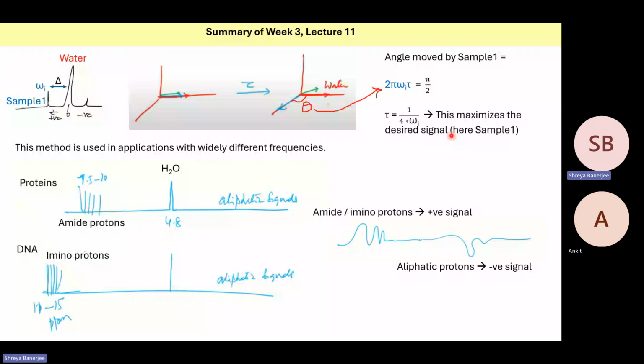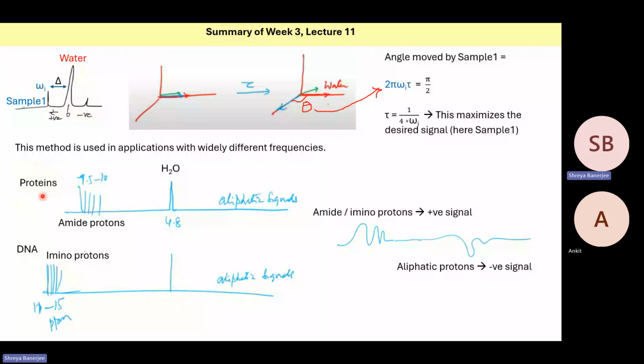So this method is often used in protein or DNA NMR. Suppose you have a protein NMR. A protein will have many amide protons around 7.5 to 10, and there will be aliphatic signals around 1 to 3. The signal of water here comes around 4.8. Protein NMR is generally done in water because water is the most biologically relevant solvent that you have.